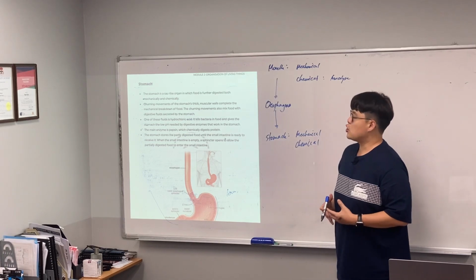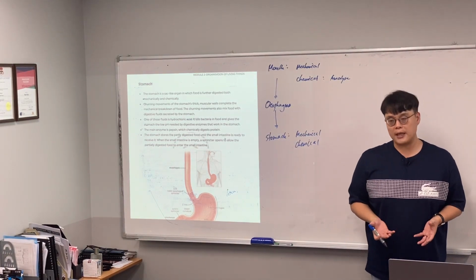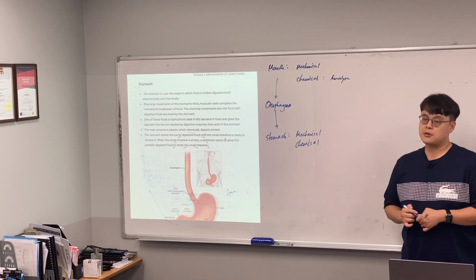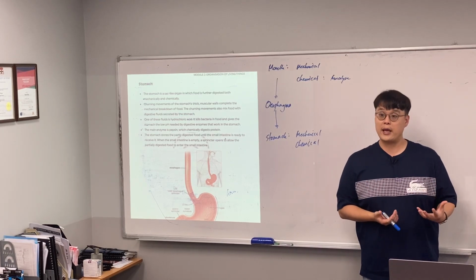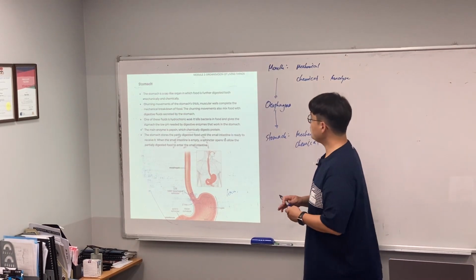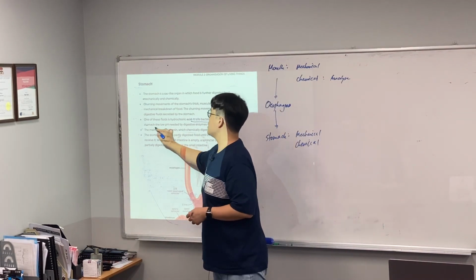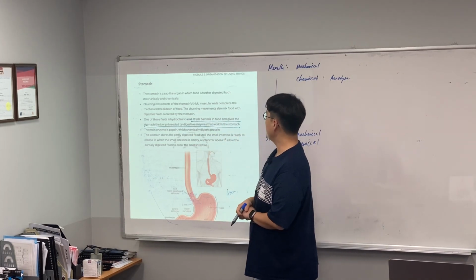This carries a huge amount of hydrochloric acid. We call it stomach acid. Now, as we probably learned in chemistry, stomach acid or hydrochloric acid is known as one of the strongest acids that we have. What it does is it kills the bacteria in the food and gives the stomach the low pH needed for the enzyme that works in the stomach.